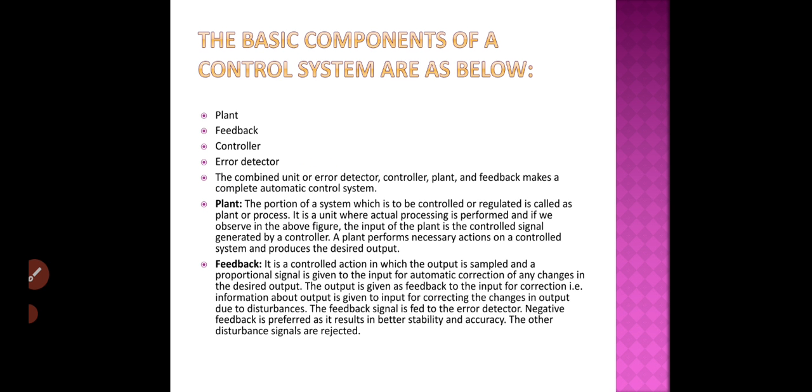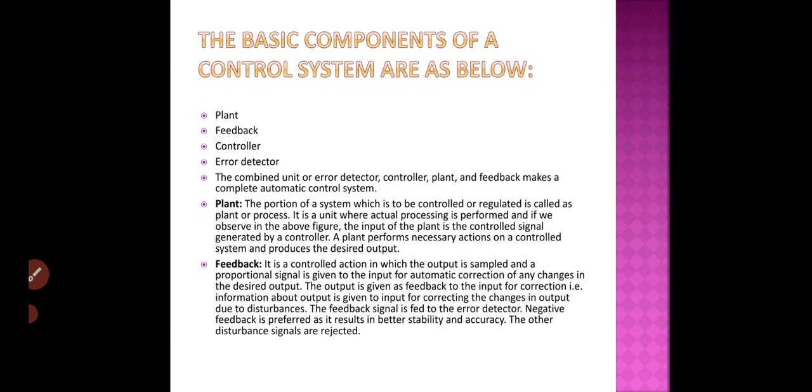Plant is the portion of a system which is to be controlled or regulated, and is called a plant or process. The unit which is to be controlled or regulated is known as a plant or process.